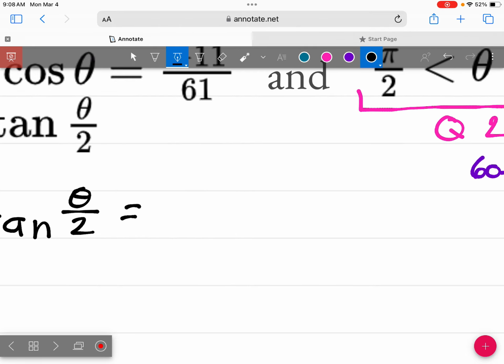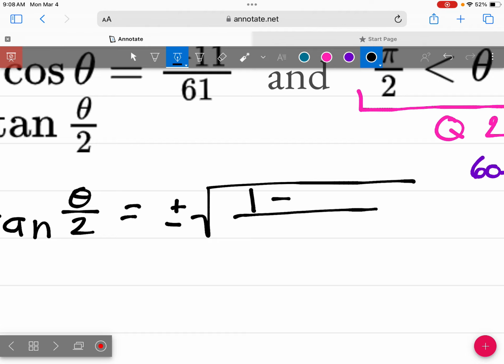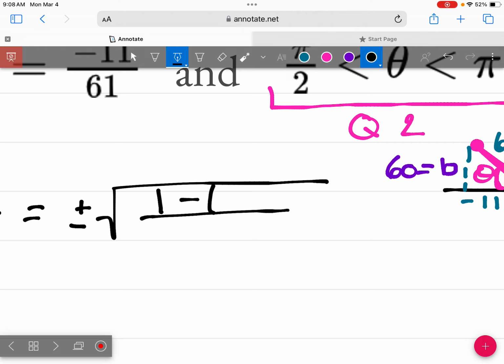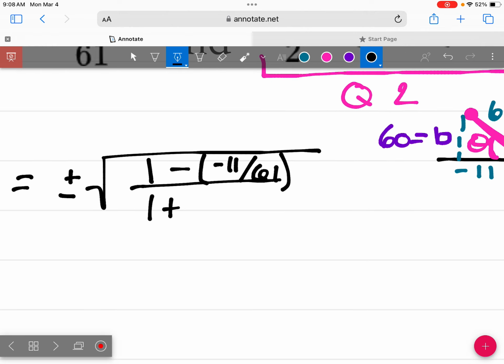We know that's going to be plus or minus the square root of 1 minus cosine of theta. Well, we know cosine of theta, negative 11 over 61. Over 1 plus cosine of theta, negative 11 over 61.